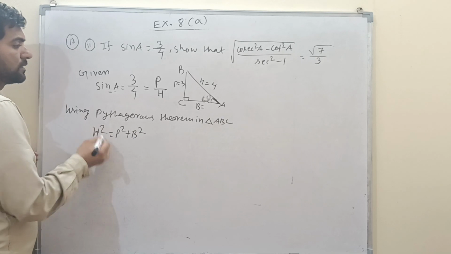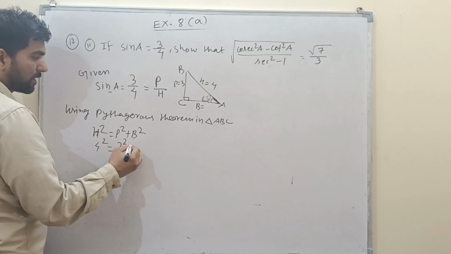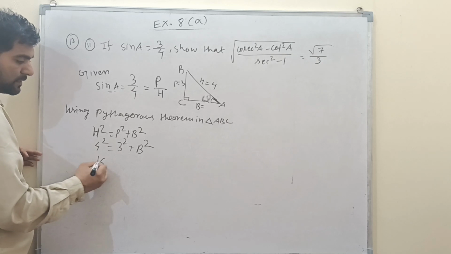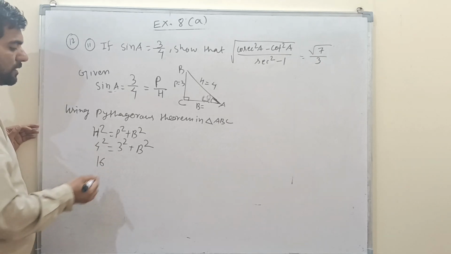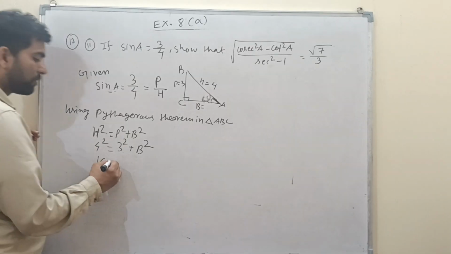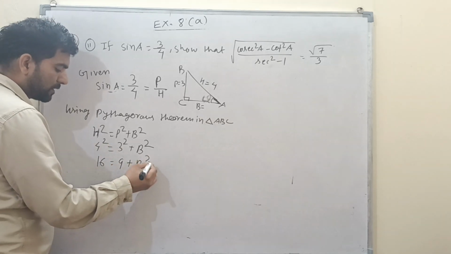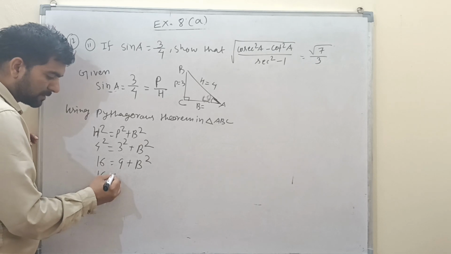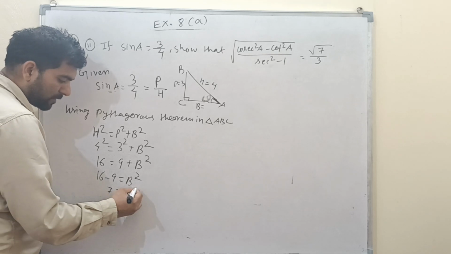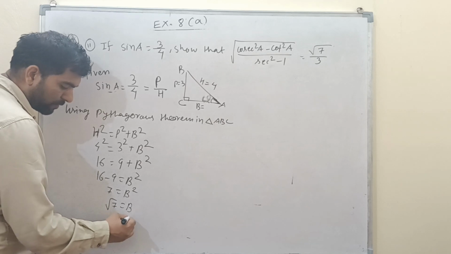So h is 4, 4 square is equal to p is 3, so 3 square plus b square. 4 square will be 16, 3 square will be 9, plus b square. So 16 minus 9 equals b square, which is 7. So b equals root 7.